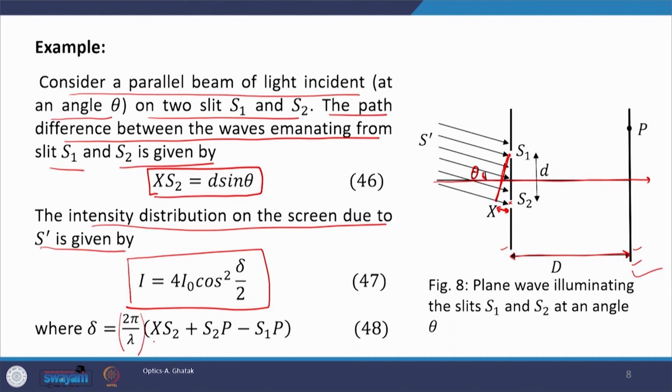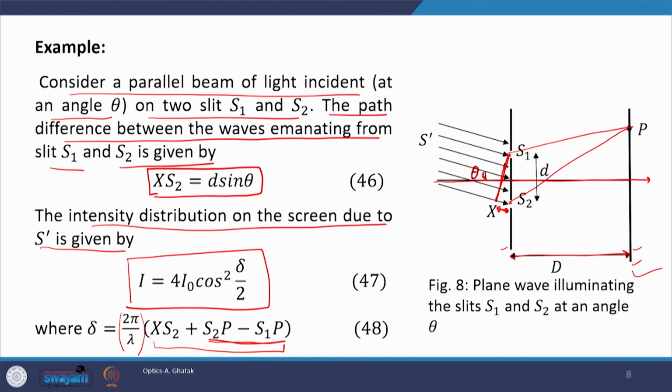It means that this is our path difference. In the traditional Young's double slit experiment, the path difference is equal to S2P minus S1P. We draw a line from S2 to P and from S1 to P, and we take the difference between these two paths, which gives us the path difference between the two rays.